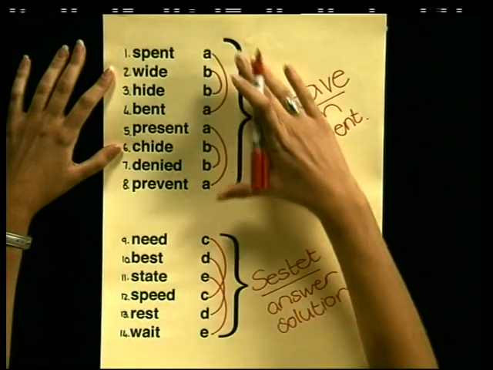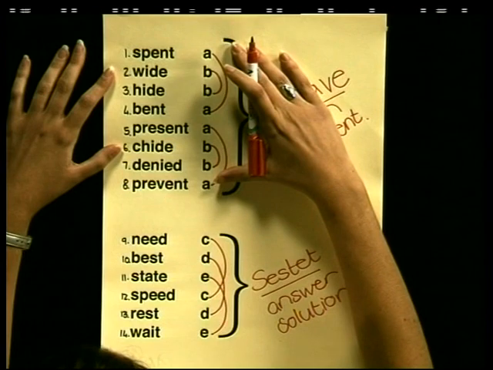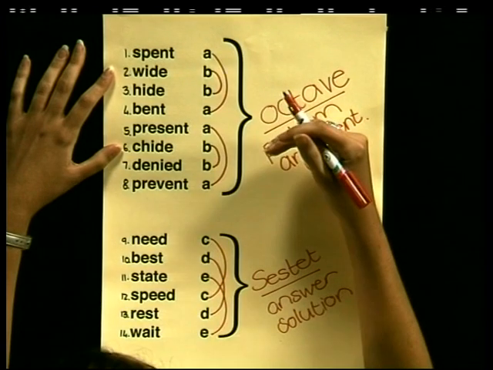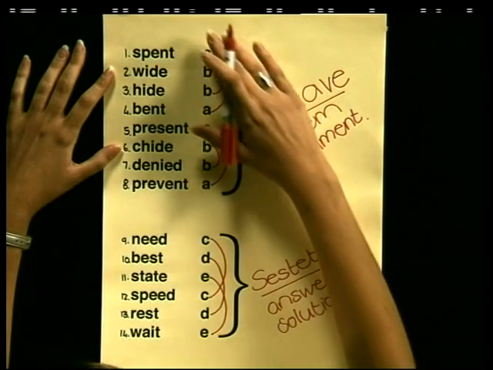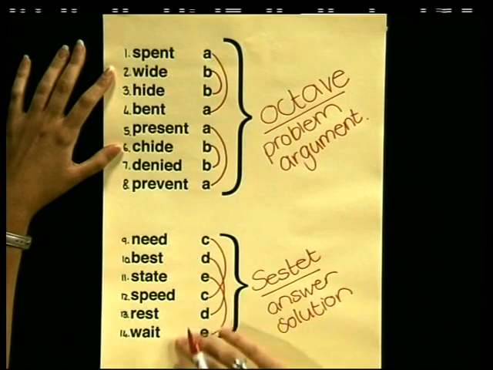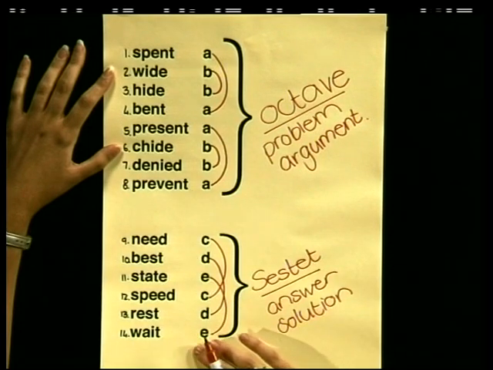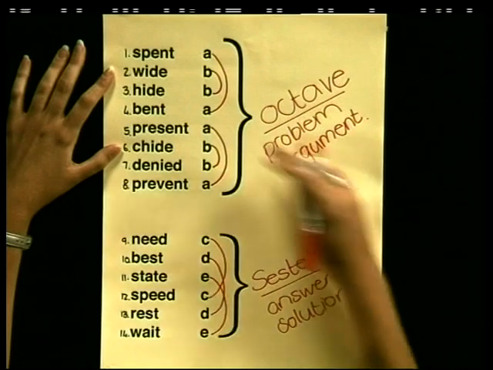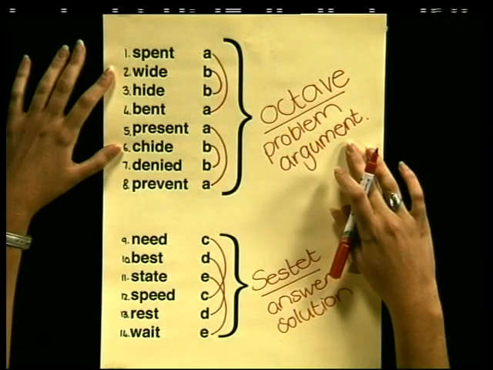Now, although we have separated it into 2 sections for our example, remember that the Italian sonnet is written as a continuous stanza of 14 lines, and the distinction lies in the rhyme and the content. This is the typical rhyme scheme of an Italian sonnet.